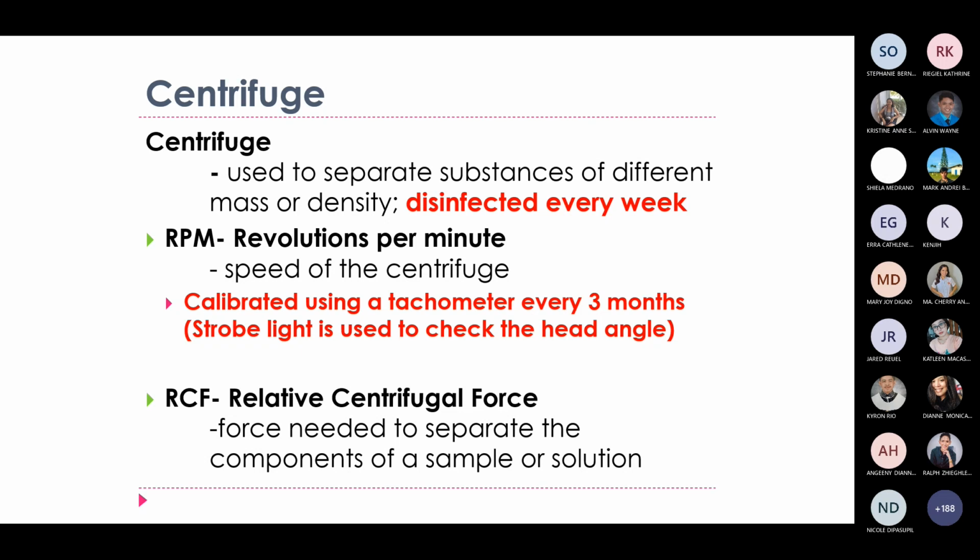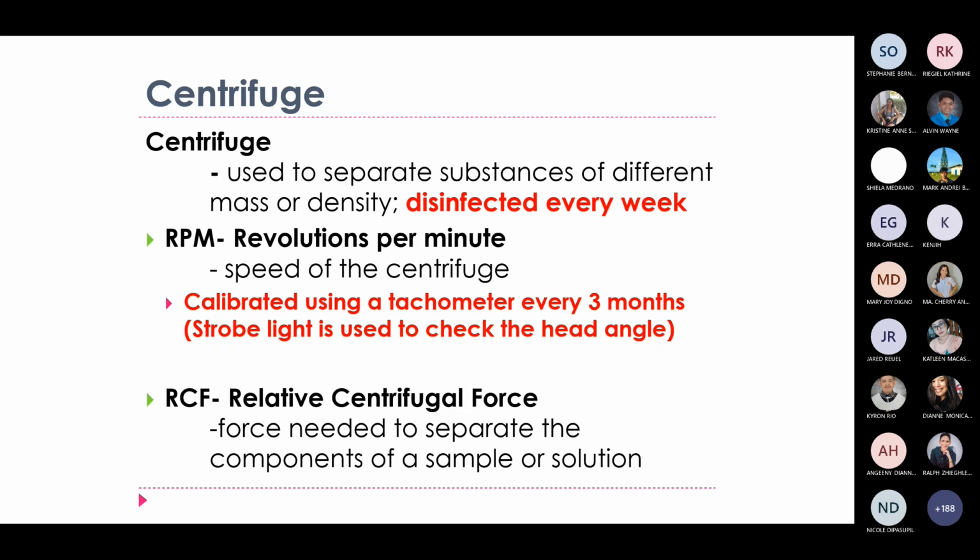And then si RCF, you will divide it by the answer nito. And then you will get the square root. After you get the square root of that, pwede kayong gumamit ng calcu, times 10 to the 5th power naman. So, inverse lang sila nung RCF. Yung sa 10, yung power niya is negative 5 dun sa RCF. And kapag RPM naman is 10 to the 5th power. Tapos 10 to the negative 5th naman kay RCF.